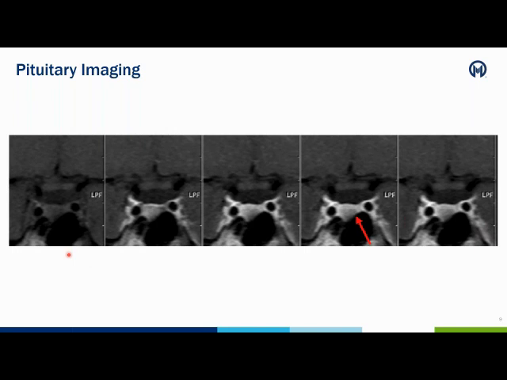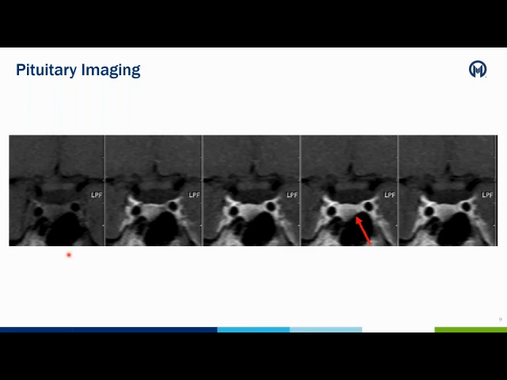So when we're looking for a tumor in the pituitary gland, we are looking for darker areas, for hypoenhancing areas in relationship to the gland. Now, when you have a very small tumor and the imaging acquisition is done in a delayed fashion, the enhancement of the gland hides that small tumor.